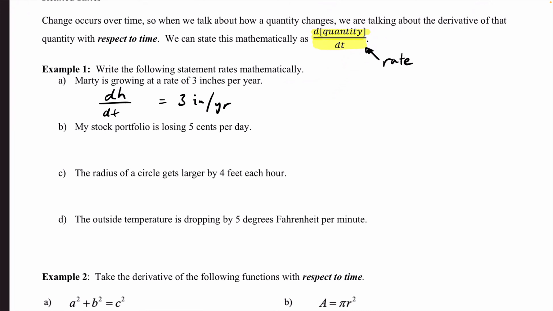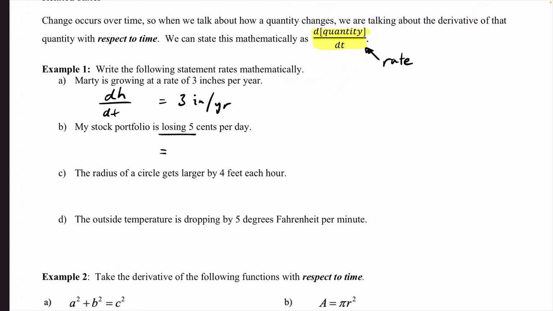Stock portfolio: if you own stock, it's the gathering of all the stocks that you own. So the stock portfolio is losing 5 cents per day.